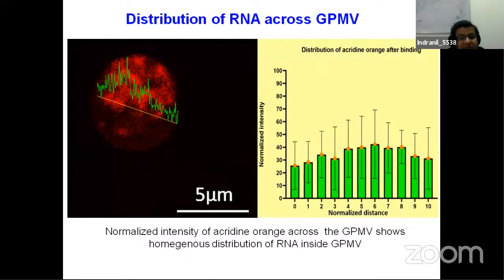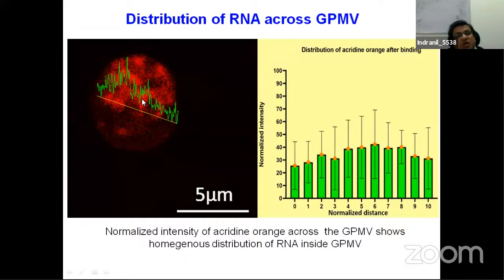Then we check the distribution of this RNA and DNA inside. We find that this whole red one is one membrane vesicle, where you can see the RNA distribution. What is very interesting here is that the distribution is heterogeneous. So inside this whole GPMV, the cytoplasm itself is heterogeneous.